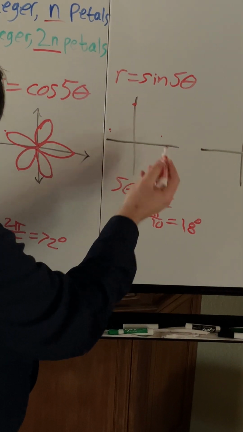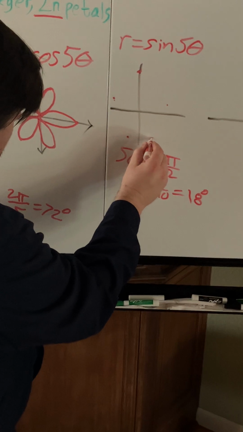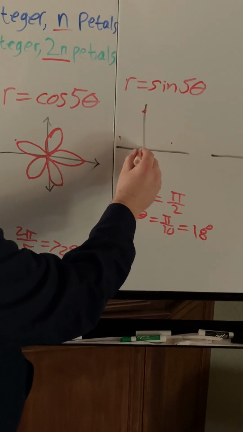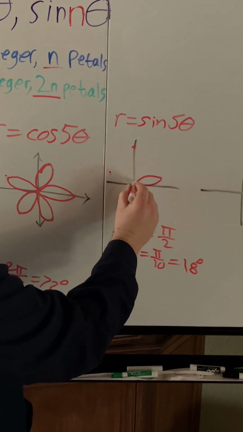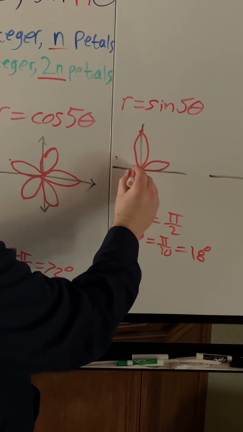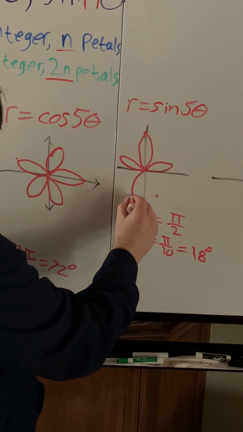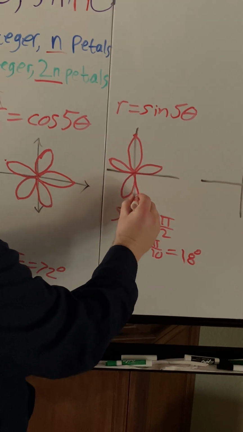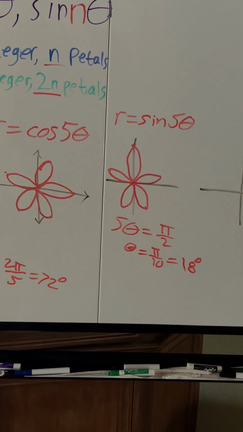Then we go another 72, so this will be something like here and here. And we make our 5 petals. 1, 2, 3, 4, 5. So there's sine 5 theta.